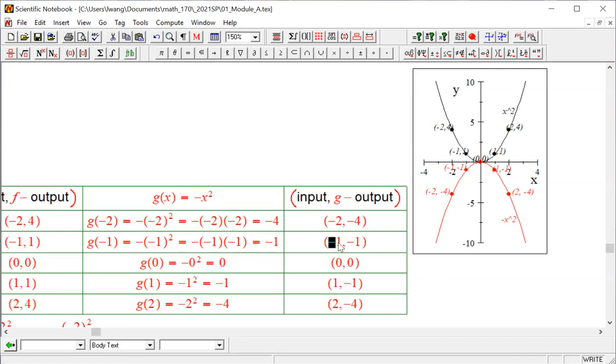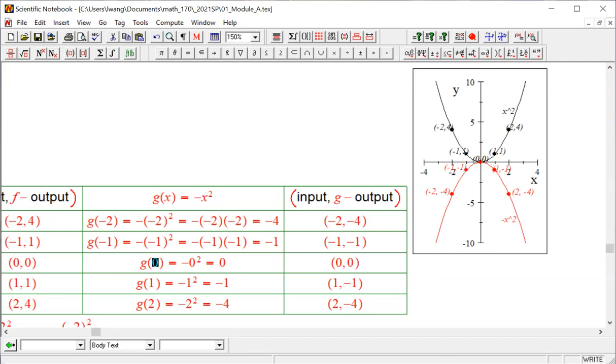The same is true for -1 input. For x squared, we have 1, and for negative x squared, we have -1. So we get these other points. Same input, different output. This is going to be true for every input we have chosen. For 0, it stays where it is.